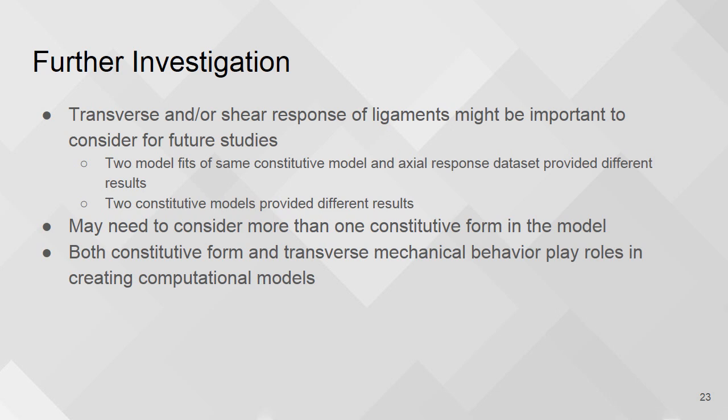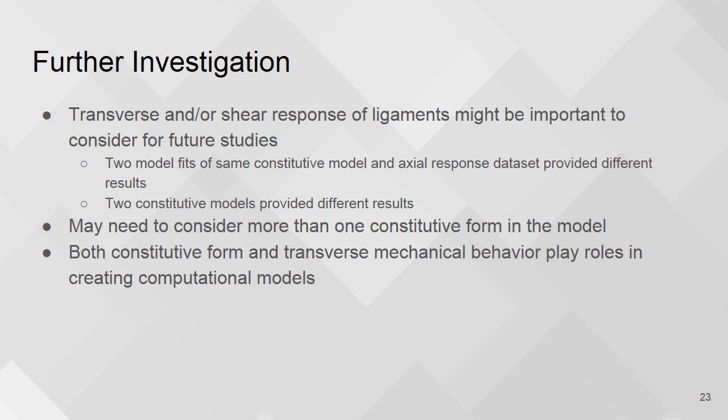As Abby mentioned earlier, the study in this paper based its macroscopic stress-stretch analysis on two separate transverse datasets. Even when the same constitutive form and axial response dataset was used, the two model fits from the two different datasets provided disparate results. Furthermore, different constitutive models also produced dissimilar results.